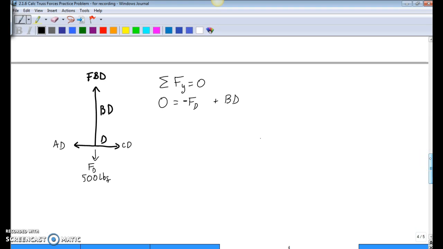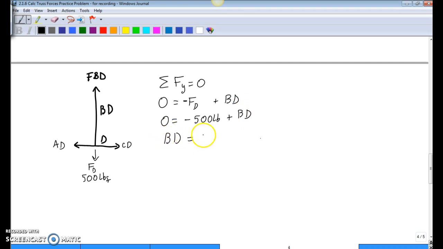Let me regather my thoughts here. So we have the summation of the forces in the y direction. We have force BD pointing straight up. We have force at D, which is our external force of 500 pounds, pointed straight down. So we have negative force at D plus the member force BD equal to 0. If we substitute what we know, negative 500 pound force straight down plus the internal force of BD equals 0.